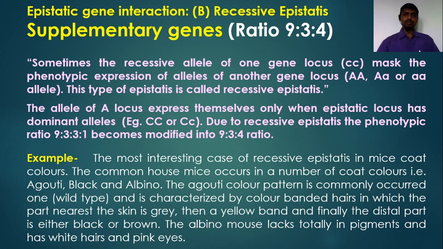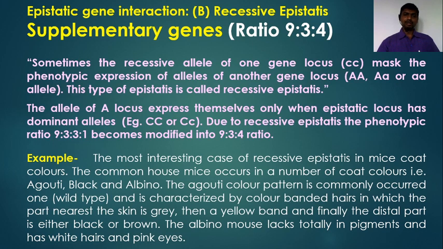Now, to explain this supplementary gene, I am going to take an example of coat color in mice. The most interesting case of recessive epistasis is in mice coat colors, which I am going to explain here. The common house mice occur in a number of coat colors, that is agouti, black and albino.